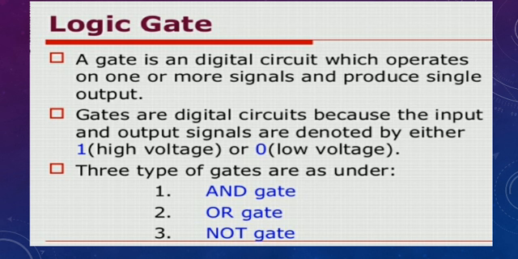Now there are three types of basic logic gates: one is the AND gate, another is the OR gate, another is the NOT gate. So these are the basic logic gates.